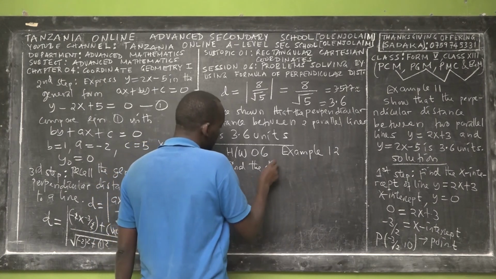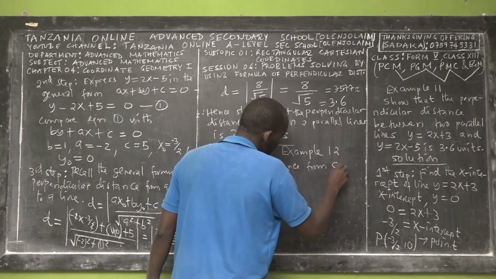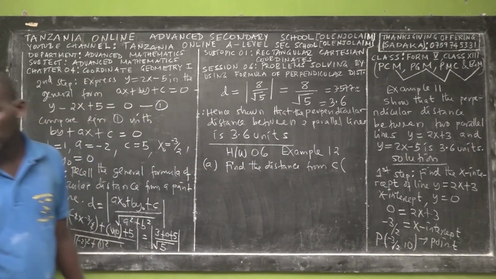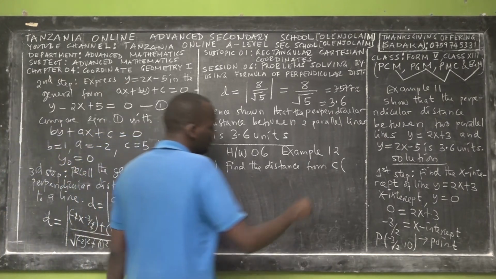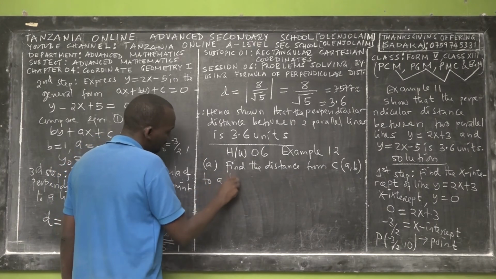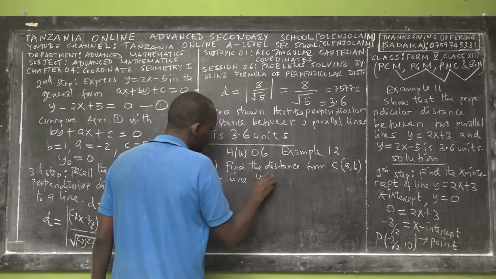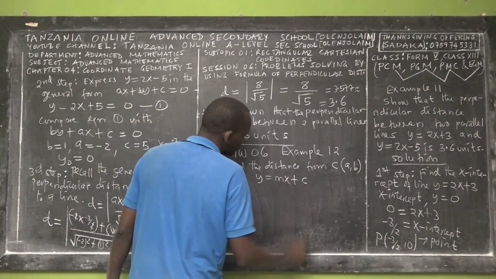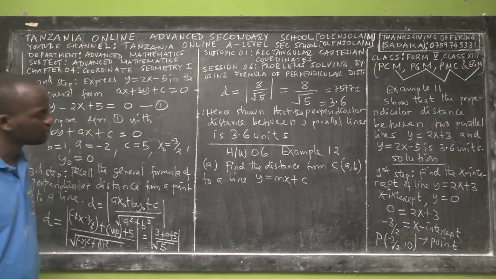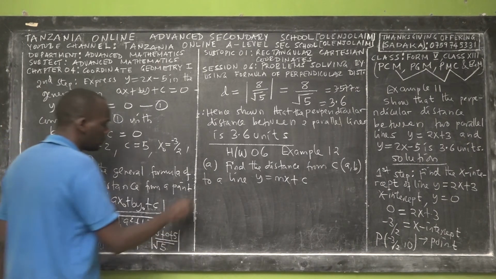Find the distance from the point C, and this point C is (a, b), to a given line, a line y equals mx plus c. Find the distance from that point to the line. That's Roman A.